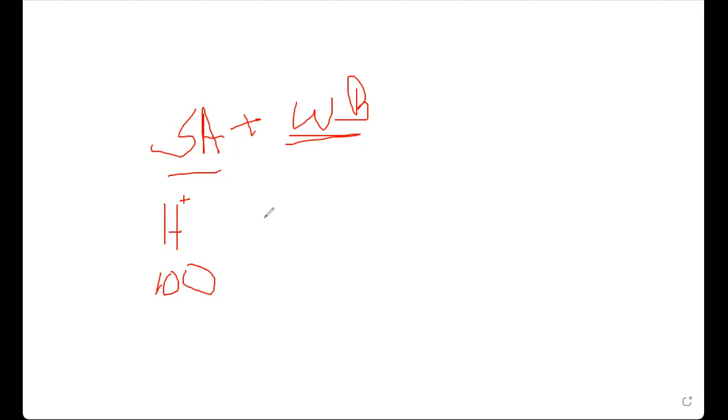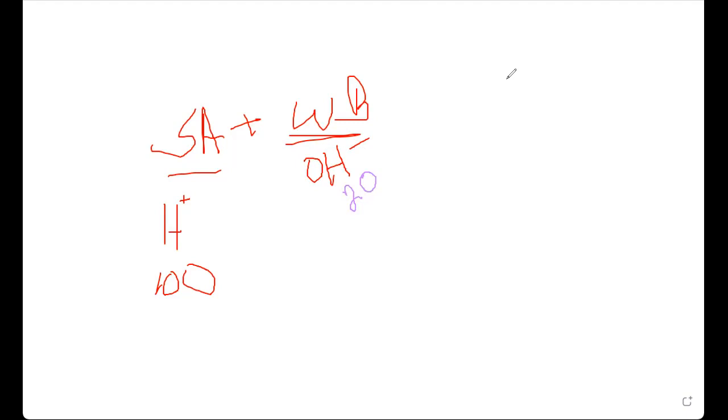So the weak base will not completely dissociate into ions, means it will not give you a lot of OH negative ion. It will dissociate into its ions and give you OH negative ion, but there will be less OH negative ion. Let's say because this is a weak base, it is giving you only 20 OH negative ions. If you are using the weakest base, you will get very few OH negative ions.